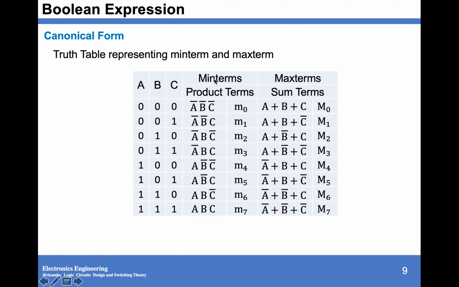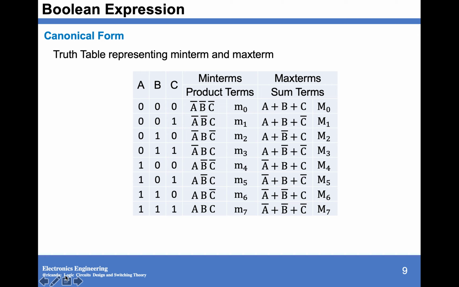In your min terms, it is the equivalent value of your ABC. For example, if we have 0 in your min terms, that is A bar. If we have 1 in your min term, that is equivalent to A. So it is the actual representation of your variable in your min terms to the value of that variable.